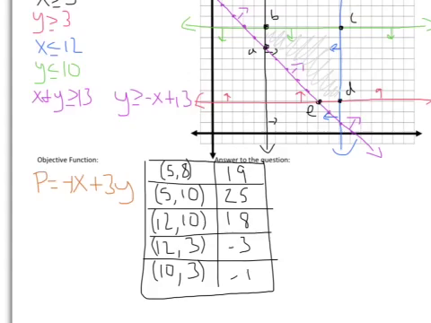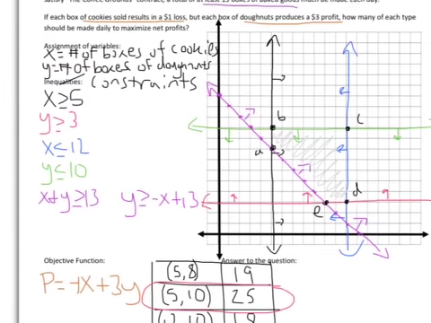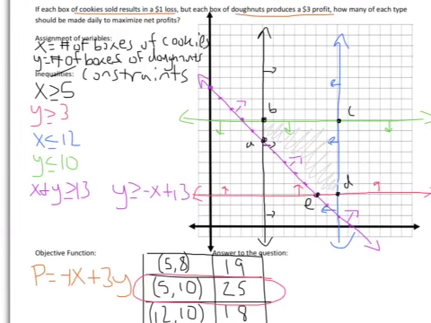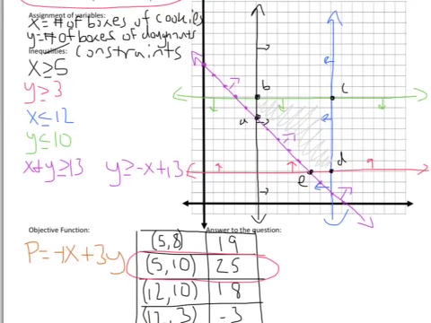So what I can see here is that my max profit is going to come from this one. My question is asking how many of each type should be made daily to maximize net profits. That means my answer is not 25, but the amount of each I should make in order to get my $25 of profit.